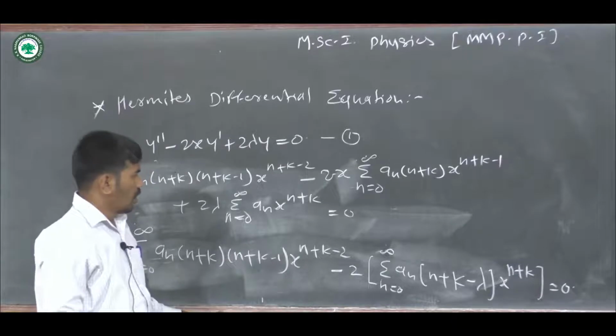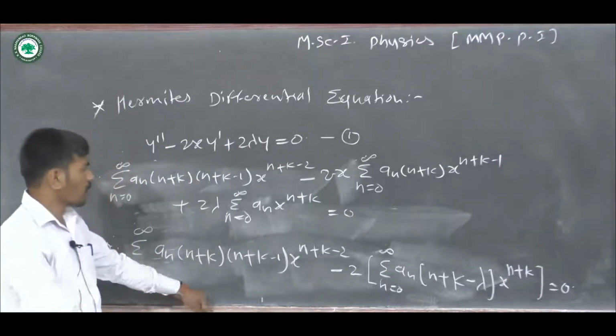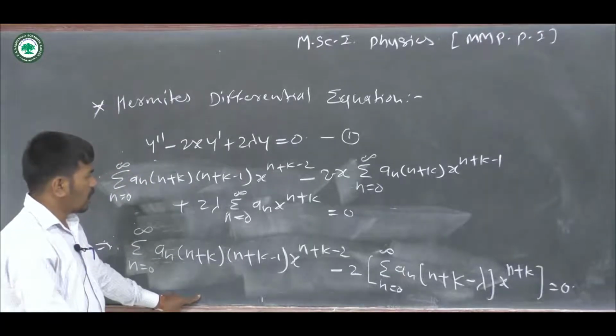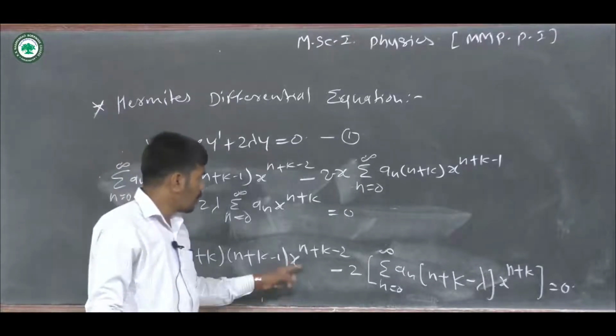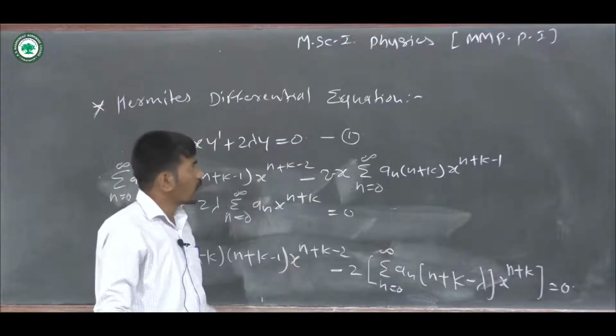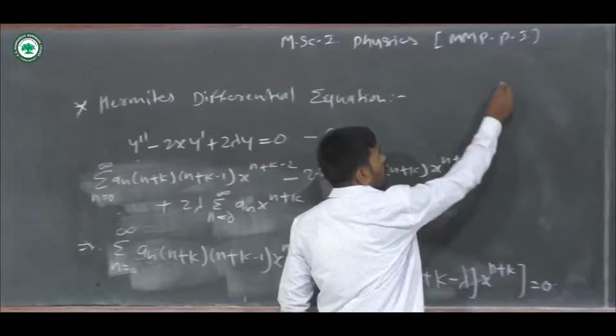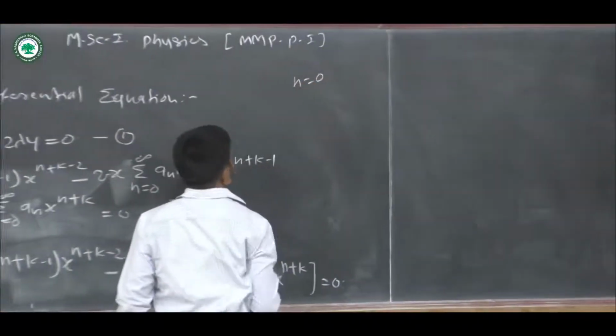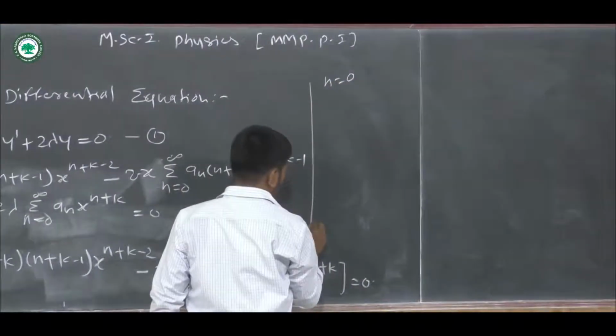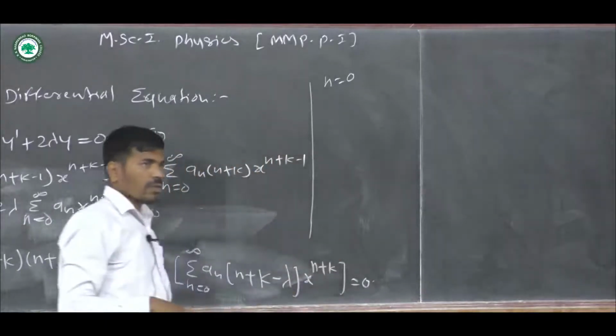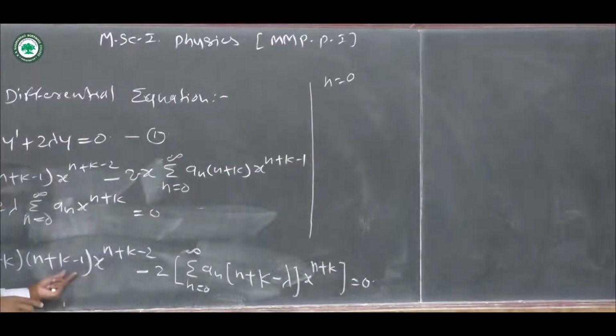Now to find the lowest power of x, I am going to put n is equal to 0, and then equate the coefficient of the lowest power of x with 0.